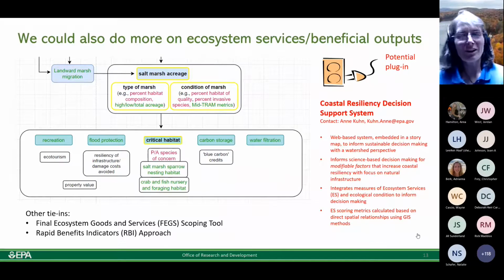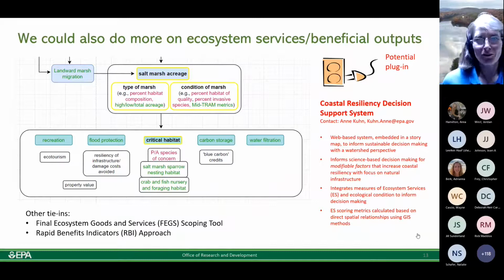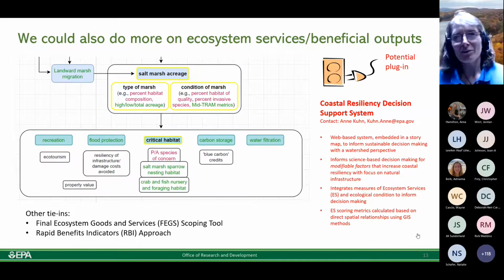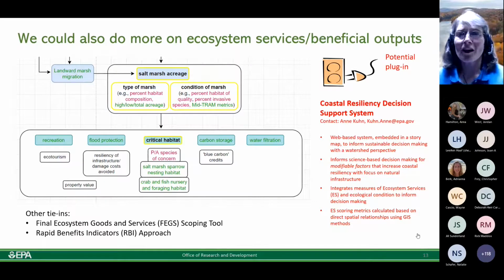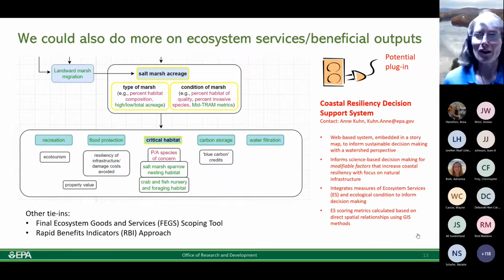They're working on tools that help people with flood attenuation in particular, and other services related to mitigating or reducing potential costs and impacts from storm surge and sea level rise and all the other factors we've been talking about this morning.